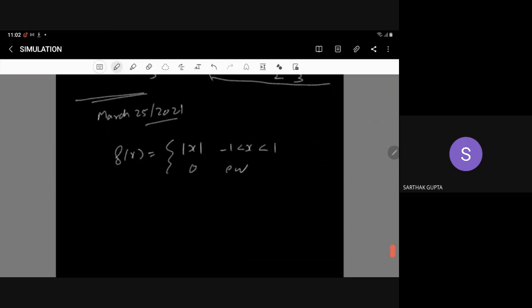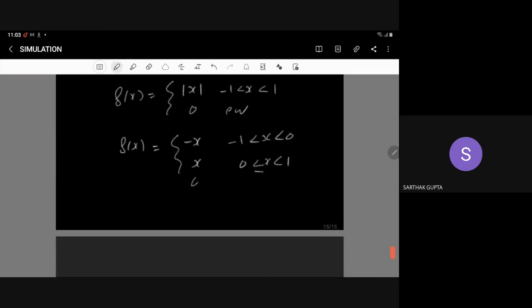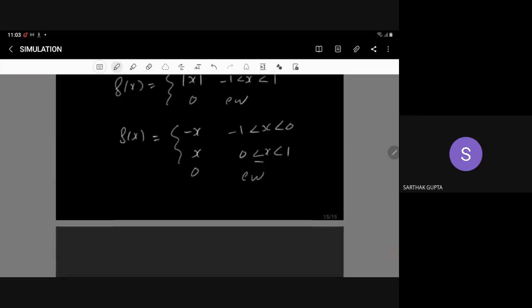So first we have to compute in such question, first we have to compute the CDF. So before computing a CDF, fx can be written as minus x for the range -1 to 0, x for 0 to 1 and 0 elsewhere.